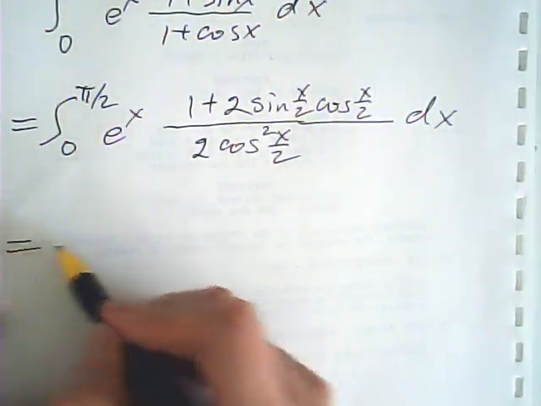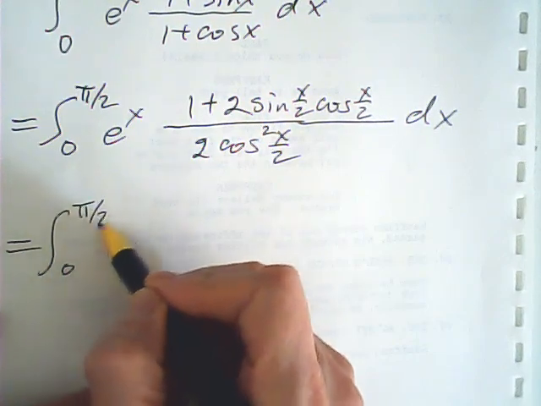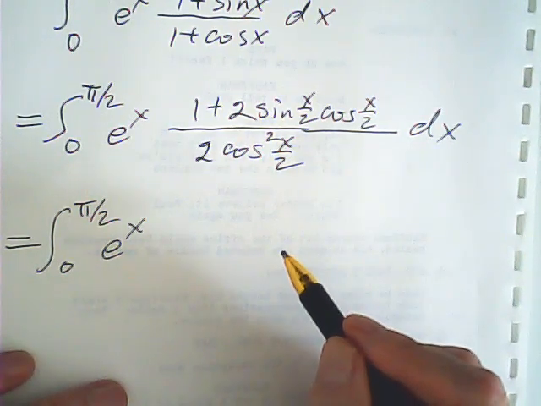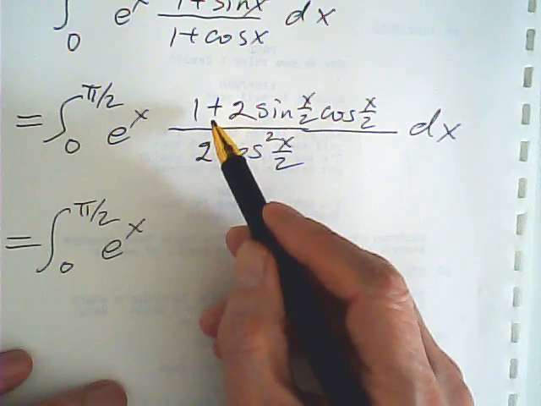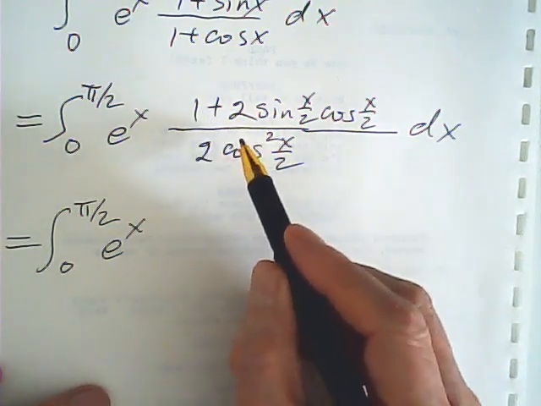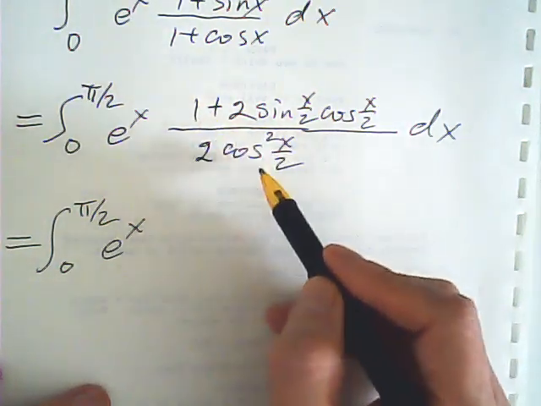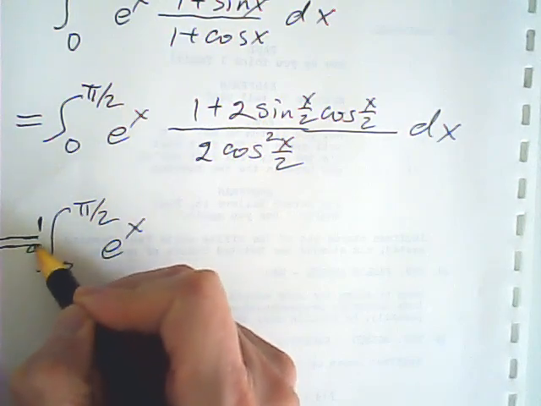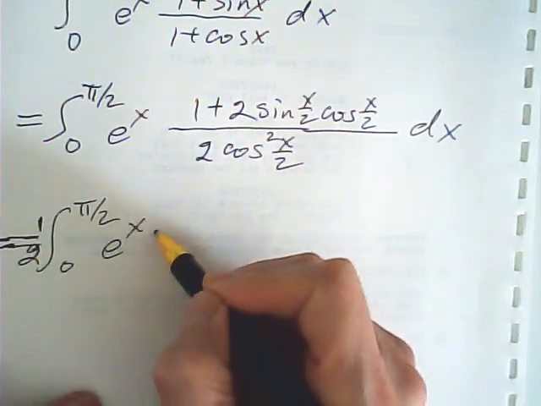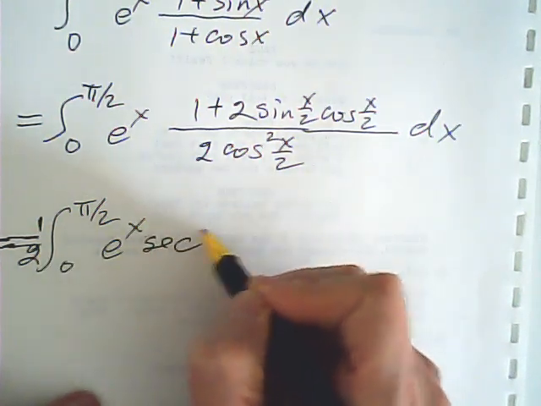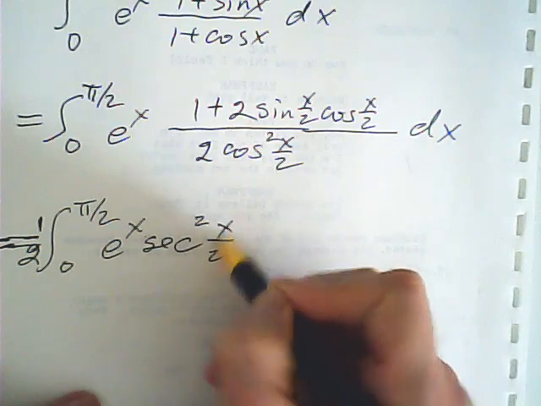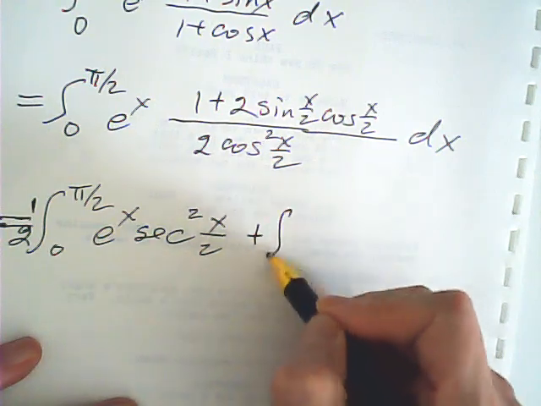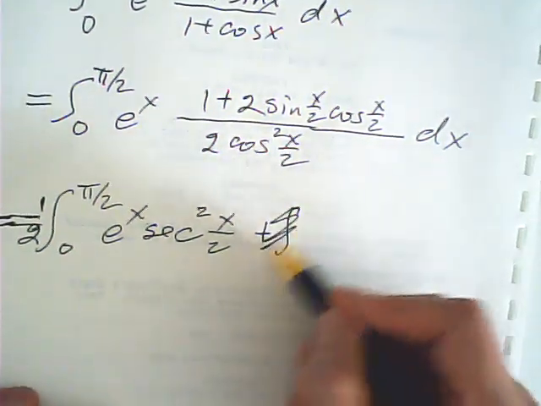Okay, good. So this one is equal to e^x, and the first one is this over this, right? This is secant, 1/2 secant square half x. That is this one. The second one, no, I don't write it this way.